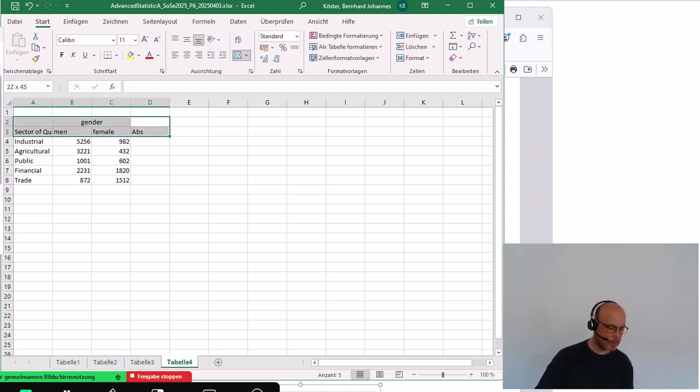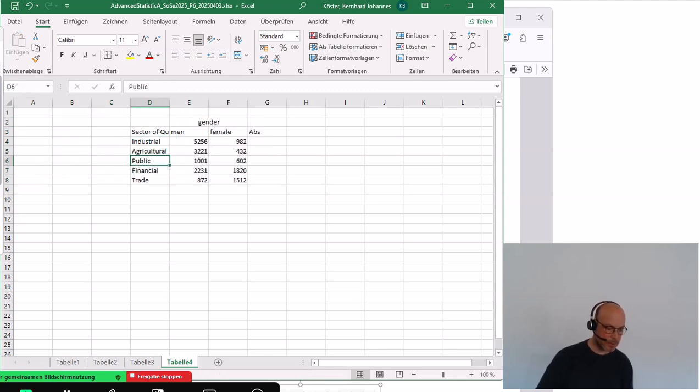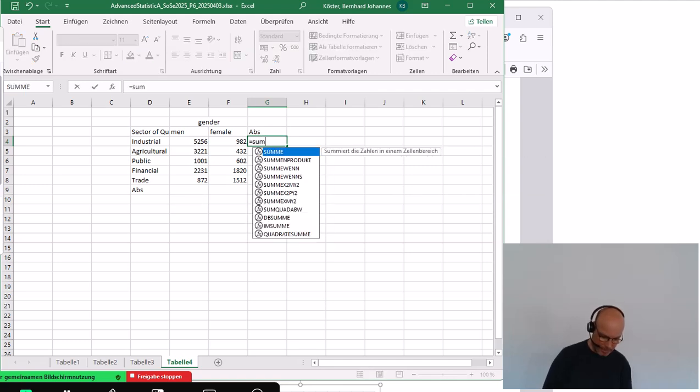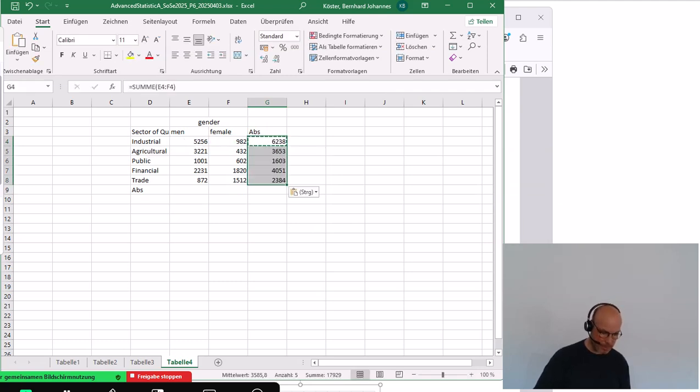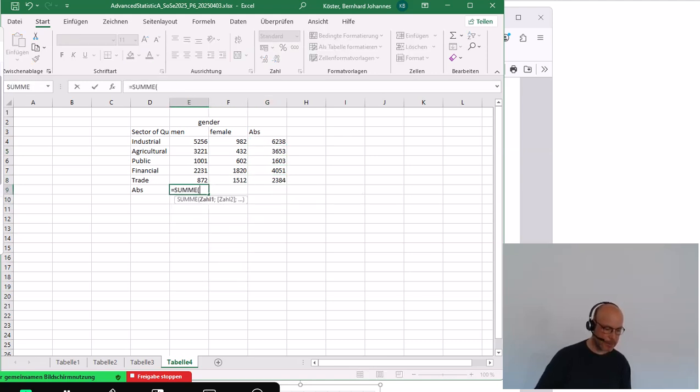Well, this of course, let's move this here. We have to do just calculating the sum of our columns or lines. So sum of these going down, we have all sums of the sectors and calculating the sum of man and women.